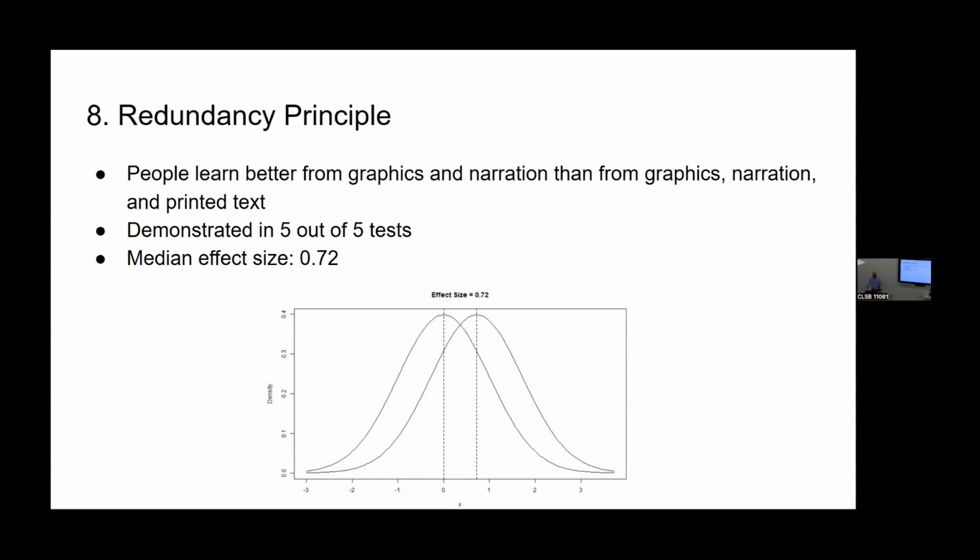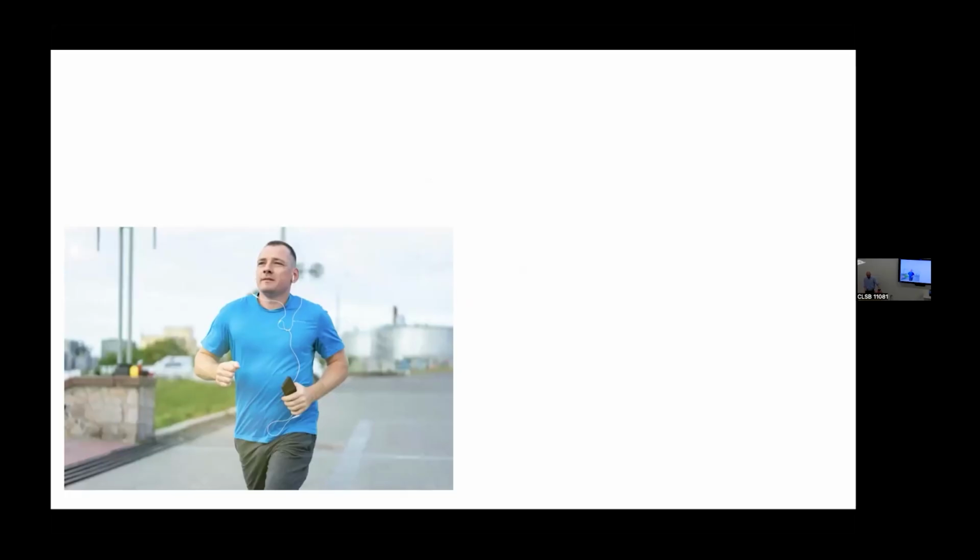The idea behind this, there's a whole cognitive theory of multimedia learning behind this to explain it, but that's too complicated. So I just want to use this example of people who run and listen to music all the time. I know that there are accidents when this happens, but people do this pretty successfully.